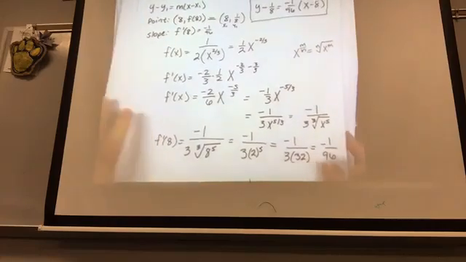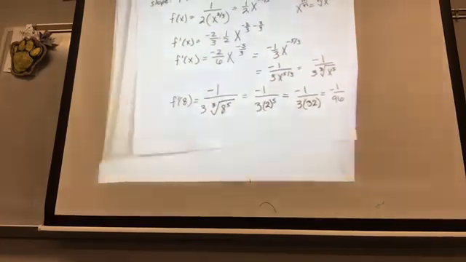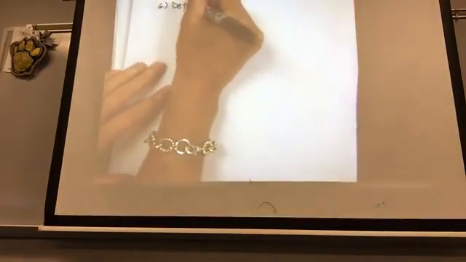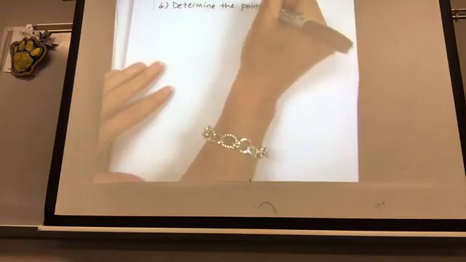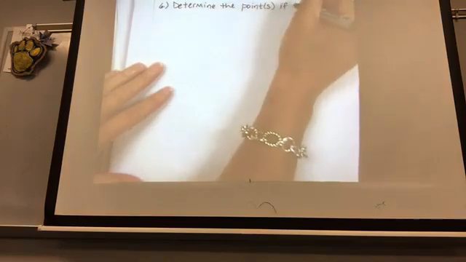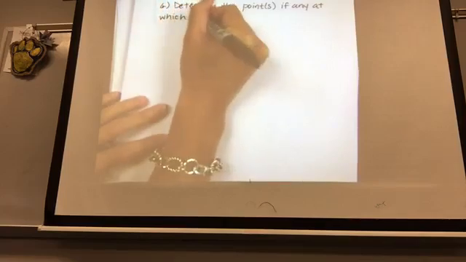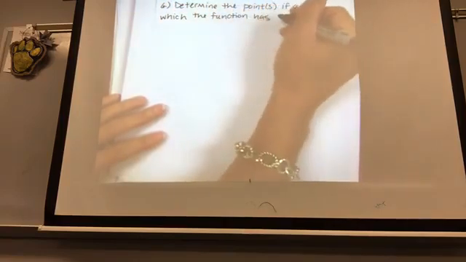All right, last one for this lesson, and then we'll go on to our next rule. Are y'all done with this page? Okay. So number 6, determine the points or point, if any, at which the function has a horizontal tangent line.